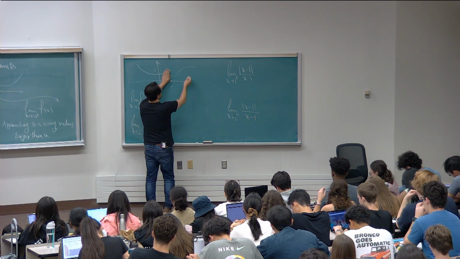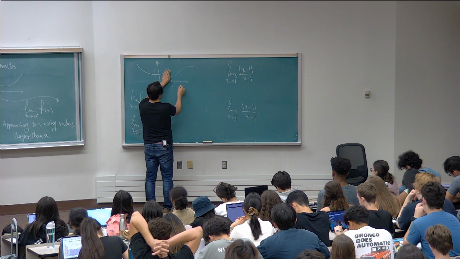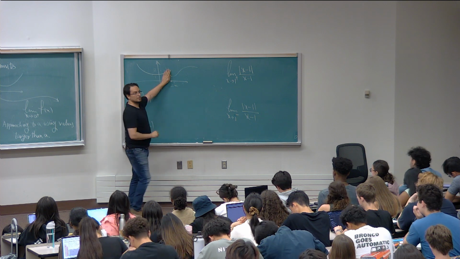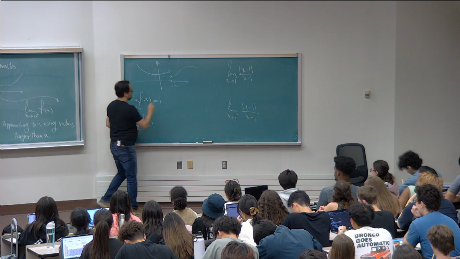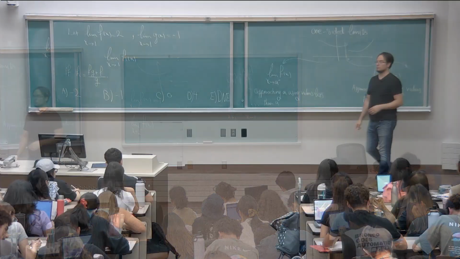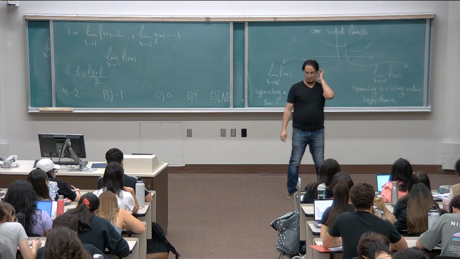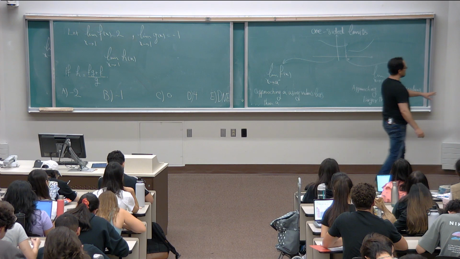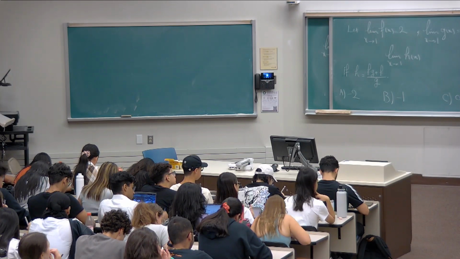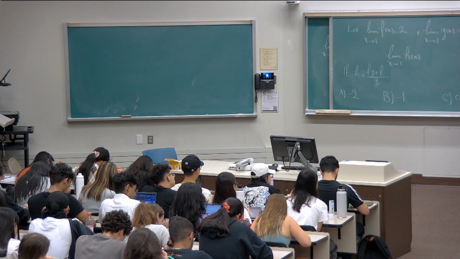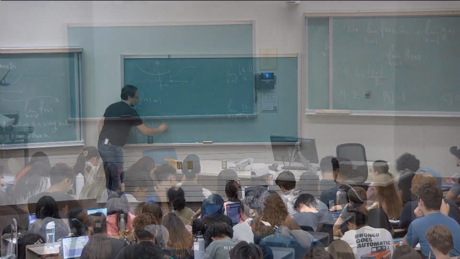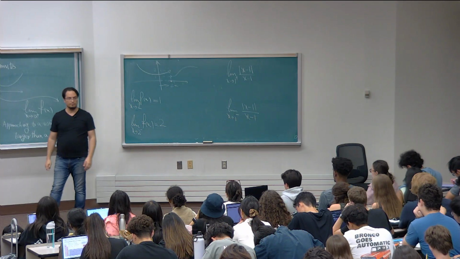And in this case, you see that as we get closer to 2 from the right, the values of function get closer to 1. From the left, you ignore the right-hand side. As x goes to 2 from the left, values of the function get closer and closer to 2.